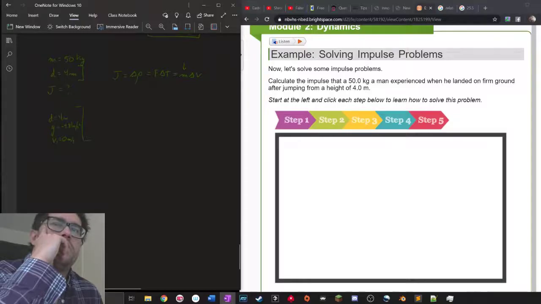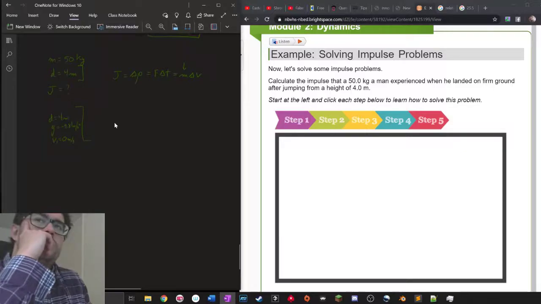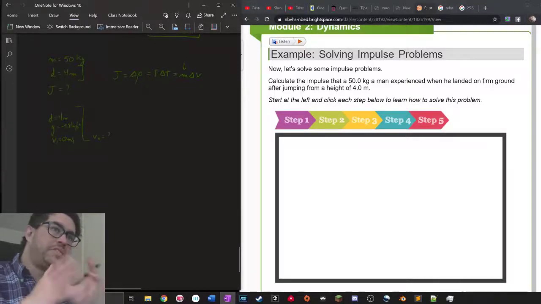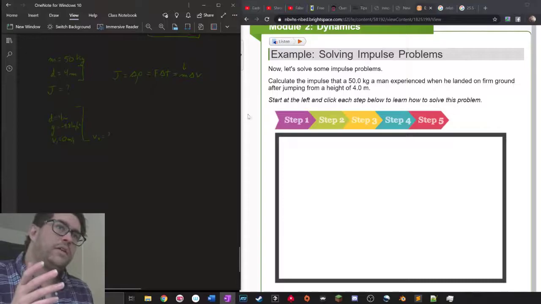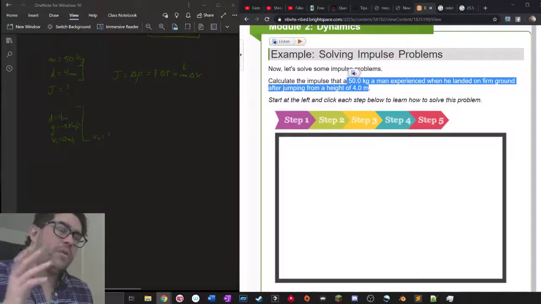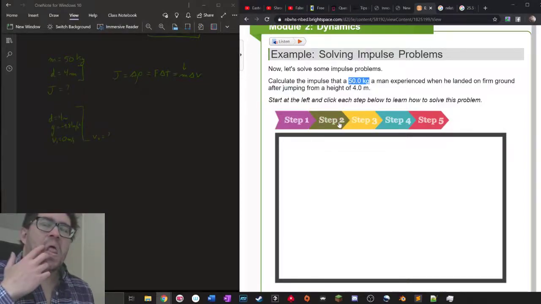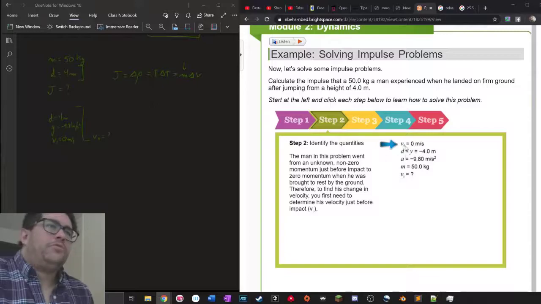We want his velocity, V2. The velocity at which, at what speed was this man going after he jumped? That's what we want, right? So we'll find V.